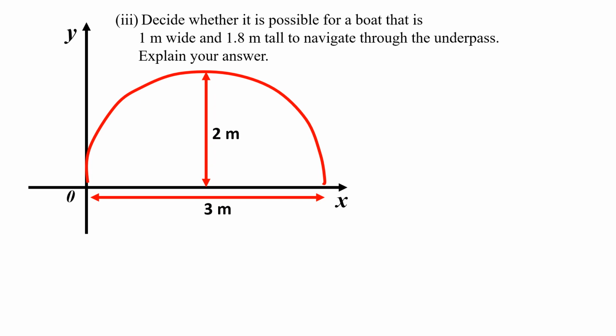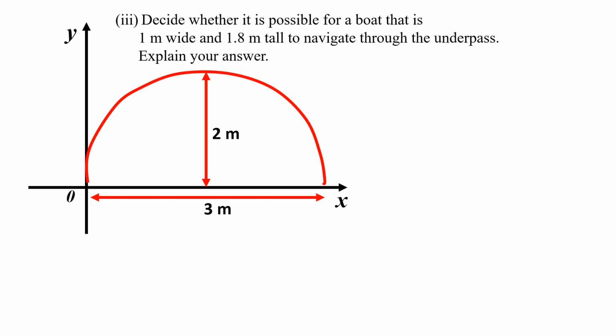If you want to build an underpass, you have to make sure the measurements are accurately presented to the public, so people will not try to navigate through it in a huge boat, get stuck, and that's it. So we need to do some calculations.